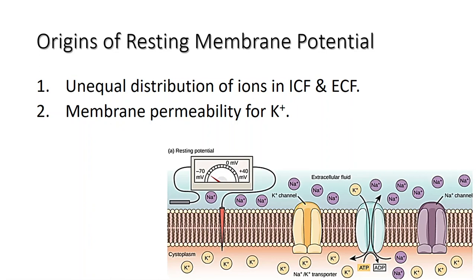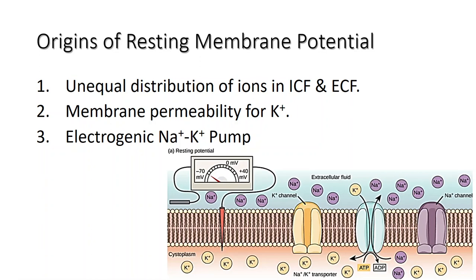The outward potassium ion leak and inward sodium ion leak are offset by the sodium potassium ATPase pumps. These pumps help maintain the resting membrane potential by pumping out sodium and bringing in potassium ion.